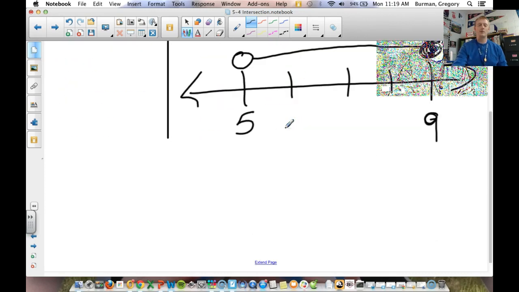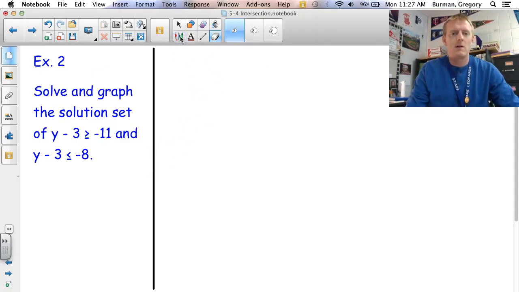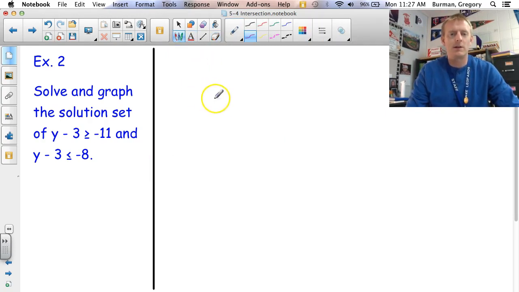All right, let's try another one. And for this example, we can go ahead and solve by setting up two different inequalities, or we can create them by using one compound inequality.